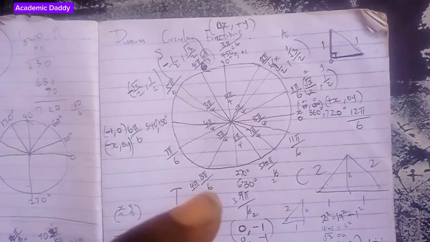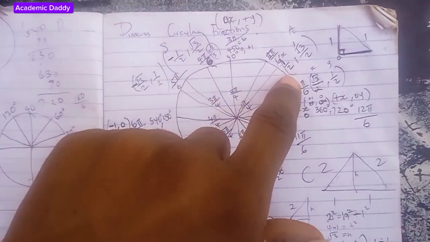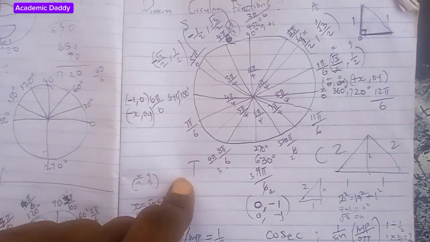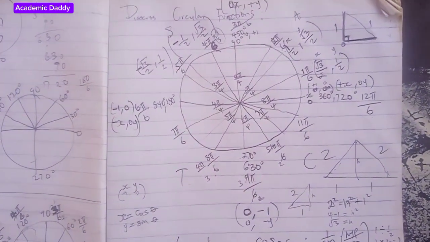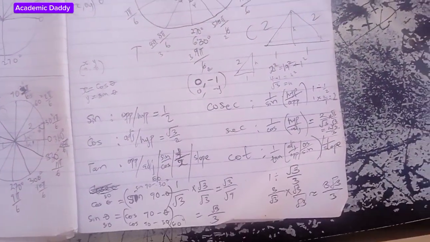To also prove why I say that all is positive in the first quadrant, only sine is positive in the second quadrant, only tan is positive in the third quadrant, and only cos is positive in the fourth quadrant. So I'll be proving this in the next class, then detailing you everything you need to know about this.